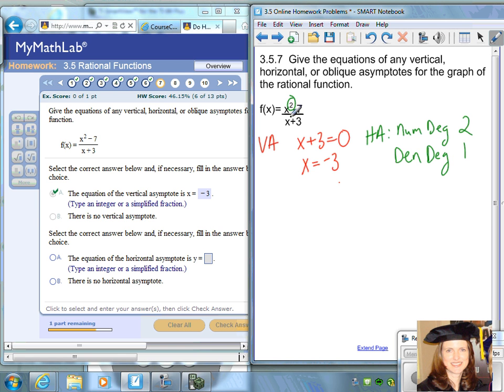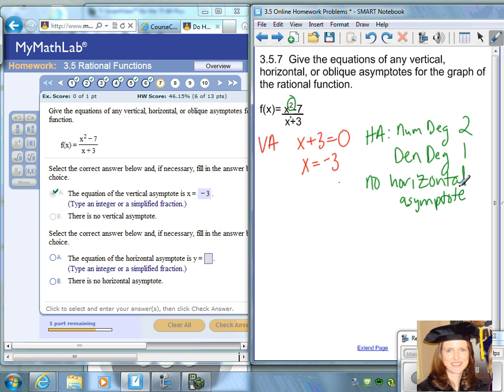The greatest exponent, you don't see it, is automatically 1. So the degree of the numerator is bigger than the degree of the denominator, so this has no horizontal asymptote. We call that kind of like a top-heavy function. The degree of the numerator is bigger than the degree of the denominator, so it has no horizontal asymptote.